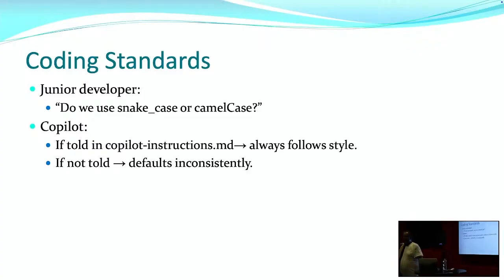But if it saw an example where one algorithm was coded in a certain way and another one was coded with a different style, you're going to get a mixture of styles, unless you tell it. And so you can do that with your prompt instructions, and I'm going to give a few examples at the end. So definitely, if that matters to you, which it should, give it to it.